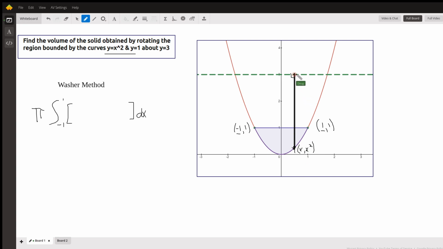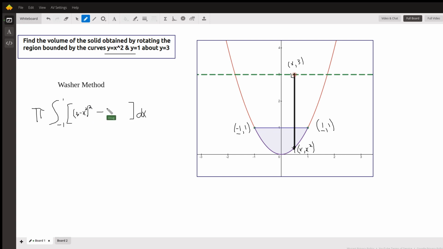And so the distance from here to here is, well, the y-coordinate of this point is 3, always. So y-coordinate at the top minus y-coordinate at the bottom. There's the outer radius right there, 3 minus x squared. And we've got to square that.